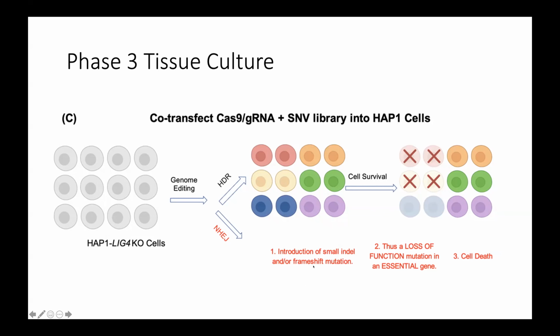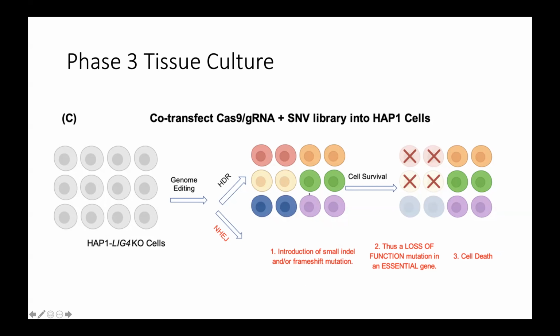That indel or frameshift mutation is causing a loss of function mutation in an essential gene, and therefore it is causing cell death. And therefore, even though 80-something% of our cells are getting edited by non-homologous end joining, that background is self-selecting itself out of the assay and leaving us with this beautiful HDR template.